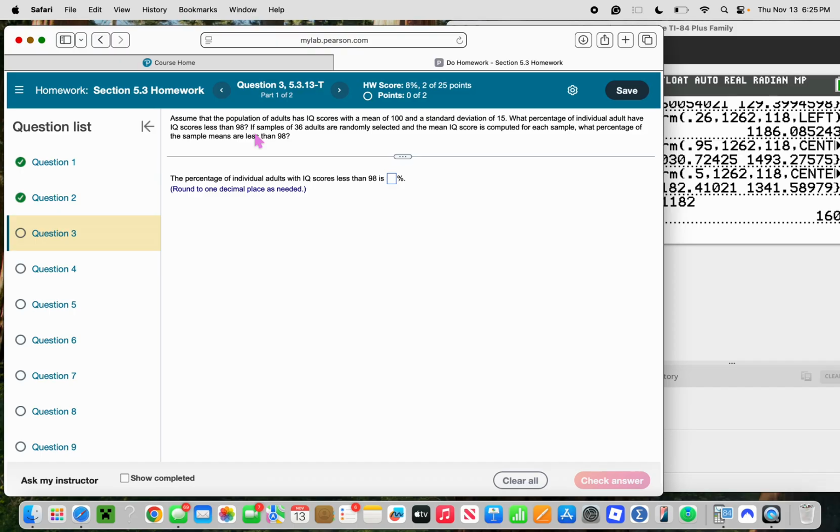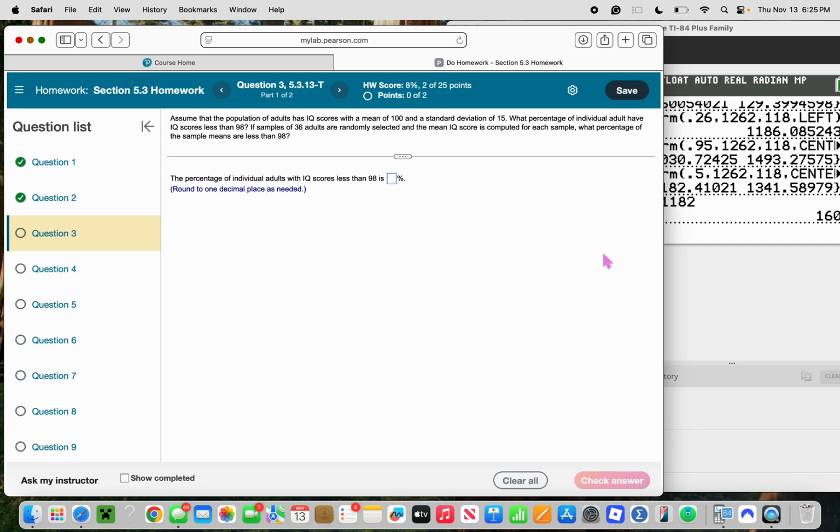So it says assume that the population of adults has IQ scores with mean of 100 and standard deviation of 15. What percentage of individual adult IQ scores are less than 98? Individual is important here. That tells me that I'm working with one person.